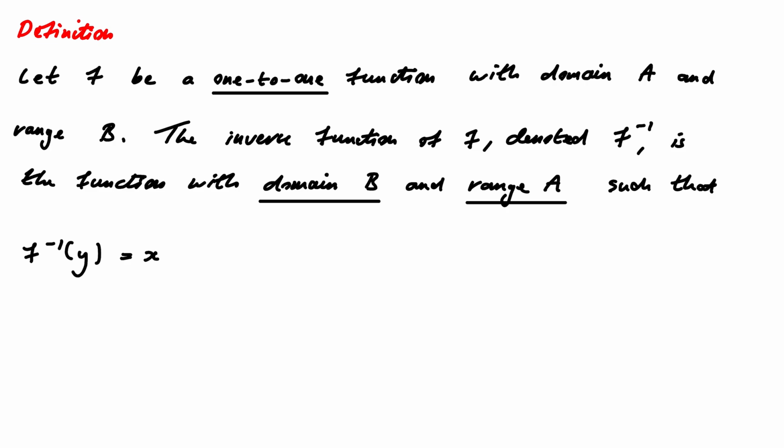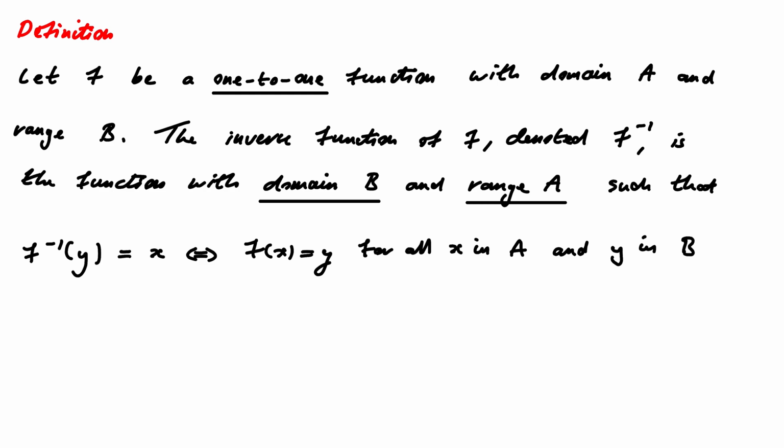It's a bit confusing because it looks like the dependent and the independent are the wrong way around, but it doesn't really matter. They're just letters that represent numbers. This is if and only if f of x is equal to y for all x in the domain A and y in the range.